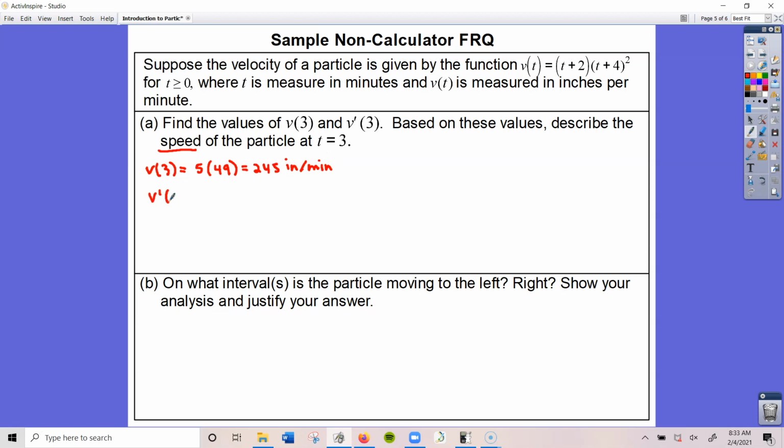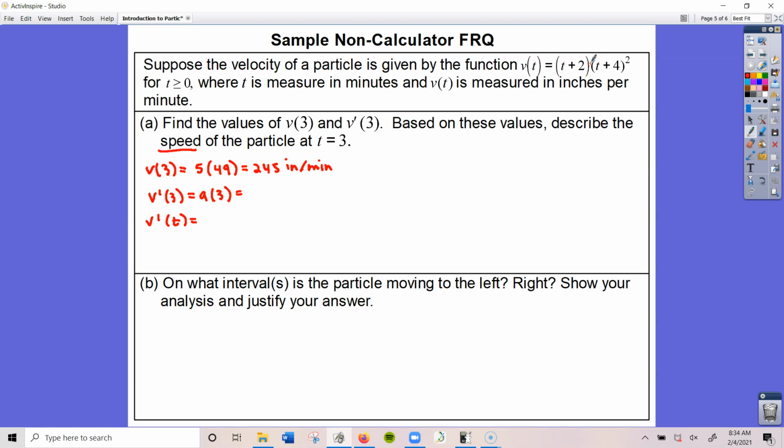Now v prime of 3, remember that's the same thing as acceleration. So what we're looking for now is a of 3. So we're going to find the derivative of v first. Actually, I should start over here. v prime of t, we're going to have to use the product rule.